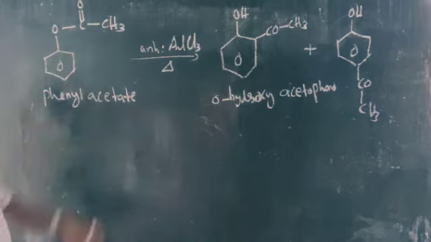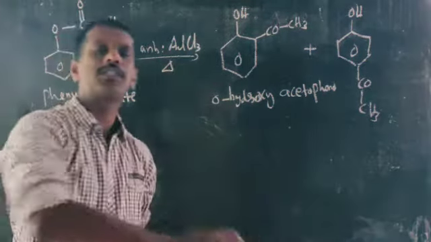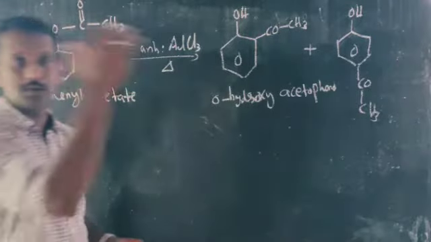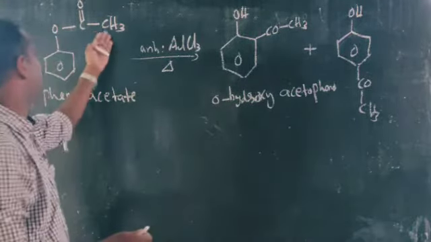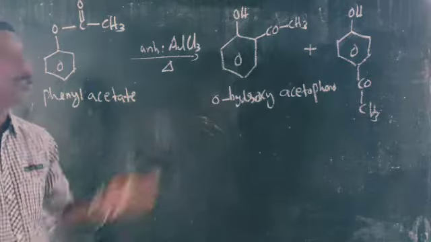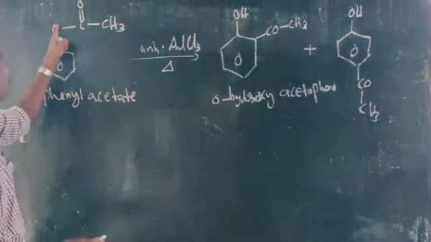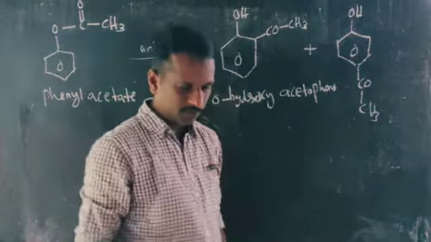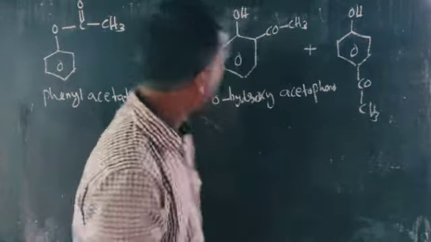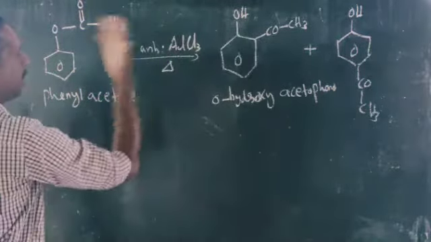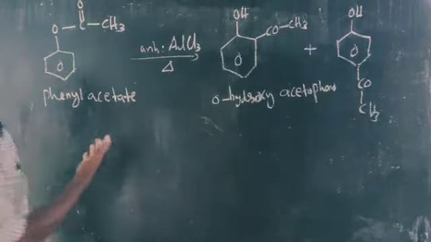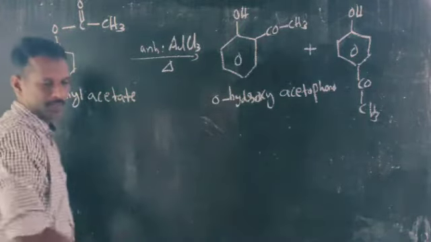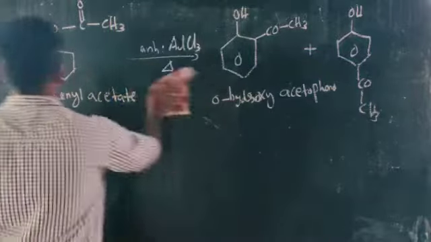Okay, this group is migrating from this oxygen to carbon, so this is a case of oxygen to carbon migration. Look at the reaction and let us go through the mechanism of Fry's rearrangement.